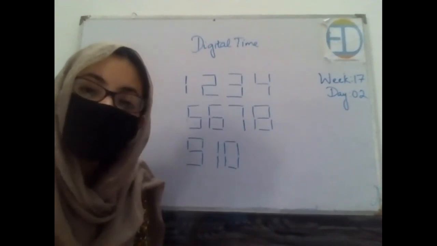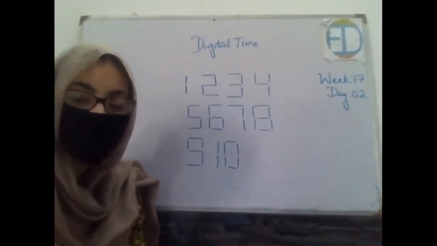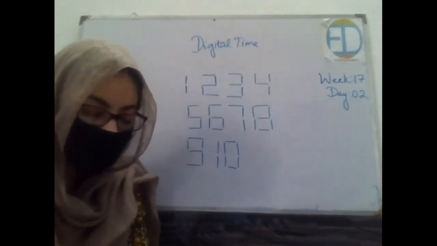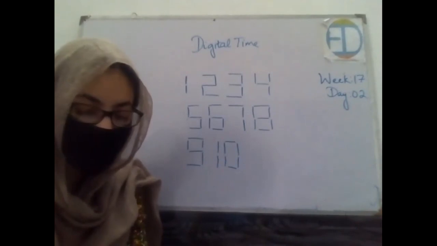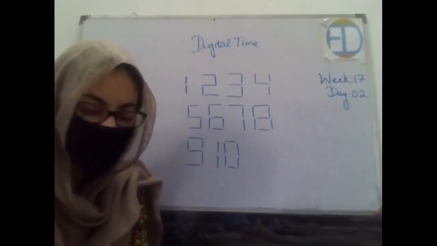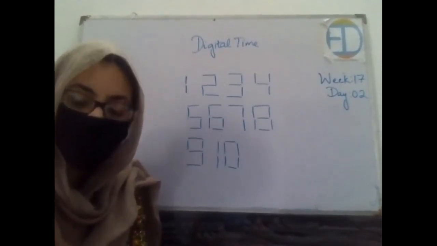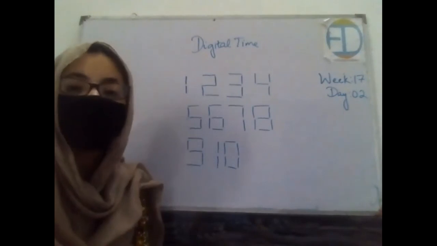In general terms, we also call it 2:30. Then 11:45. Because you are not experts and are just in the learning phase, it's better to just read it as 12:30, 11:45, 2:15, because it would be easier for you to read that.